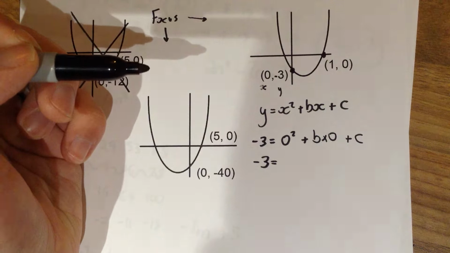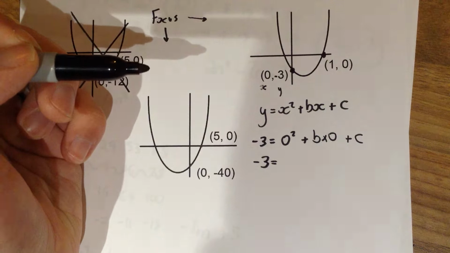So x is 1 and y is 0. Substituting this in, y is 0, x squared will be 1 squared, plus bx, so b times 1, and minus 3.